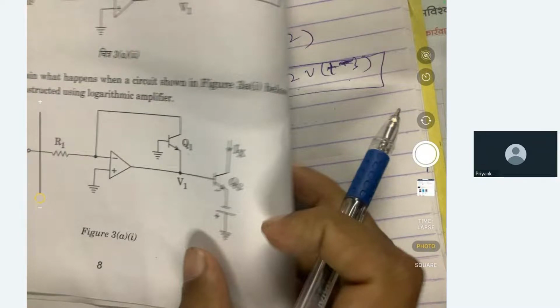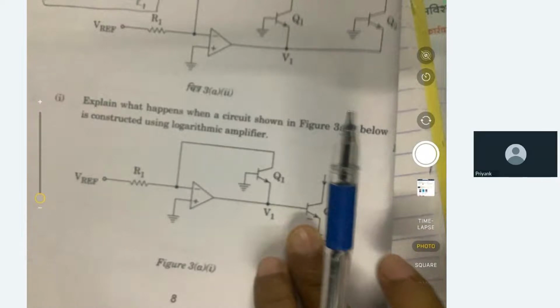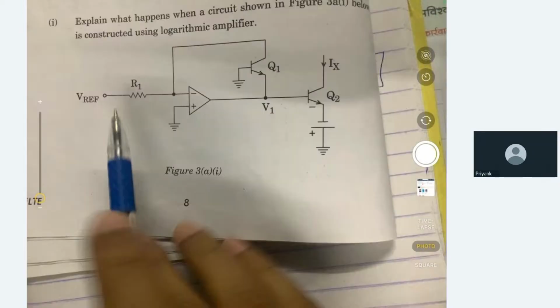Okay, so now coming to part B of this question. Here they have changed this to this Q2. So actually in part 1, the IX is independent of V reference. If we see, the IX is independent of V reference, because IX is, okay, so let's do it.